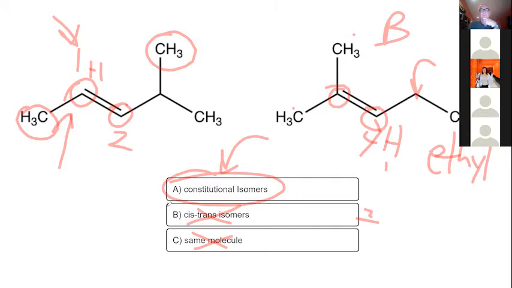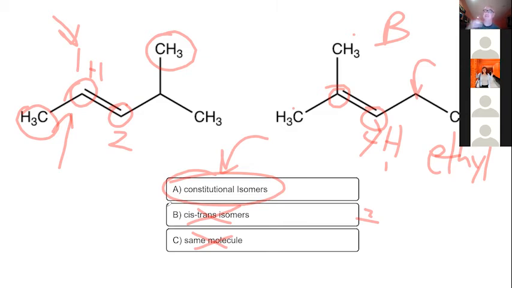Isn't that the same as that medication that was given to pregnant women to prevent morning sickness, but it caused birth defects? Those were stereoisomers of each other. A stereoisomer just means that all of the atoms are connected in the same way, but they're different in three-dimensional space.